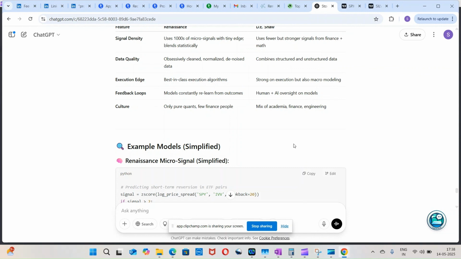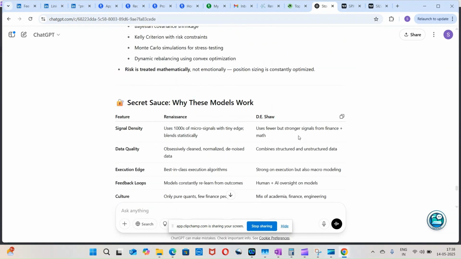Other than this, there was a fund called LTCM, Long Term Capital Management, which made a lot of money, around 40% when it was successful. But it failed because of the Russian bond default. The Russian government defaulted on its bond payments, and that's what made that fund go bankrupt. It assumed a normal distribution, and one black swan event like the Russian government defaulting on its payments totally wiped out that fund.